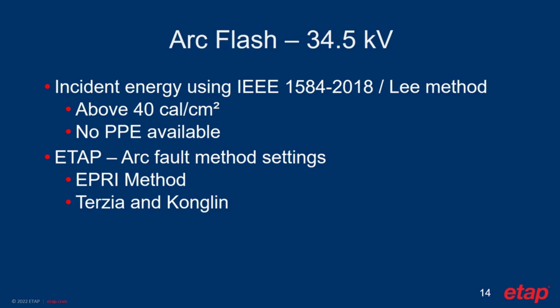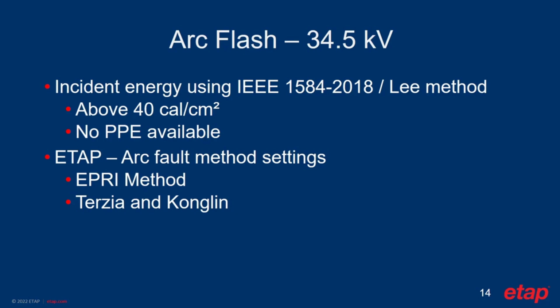So in this case, all the corresponding incident energy calculations at that location were already above 40 calories per centimeter square. So ETAP recommended the method that best fits this particular application, since the 1584-2018 standard's scope ends at 15 kV.